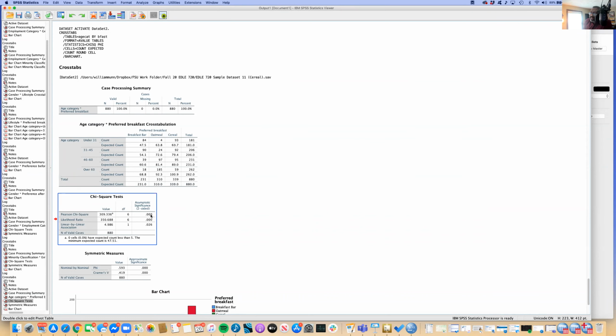We've been hitting it out of the park with significance these last couple of examples. But we have a significance level that is what? There is a relationship between age and not job category, but age and preferred breakfast. And so we're going to go back over here and just reaffirm this in our mind.